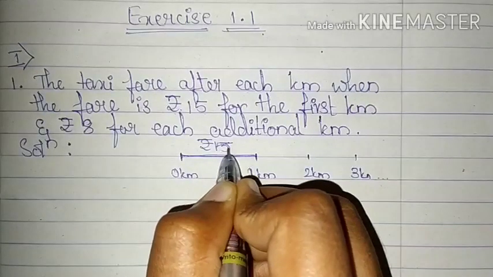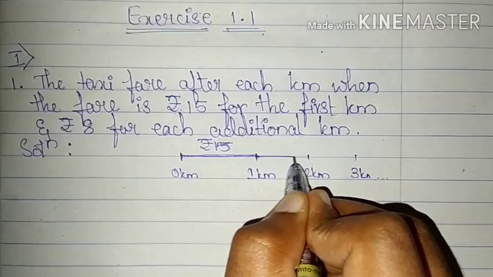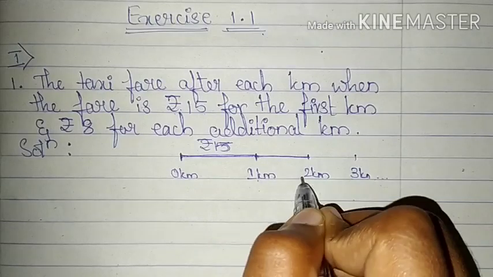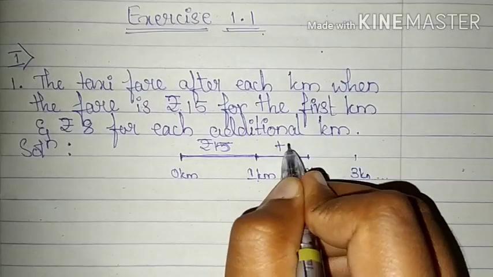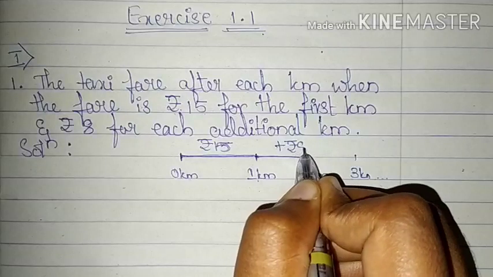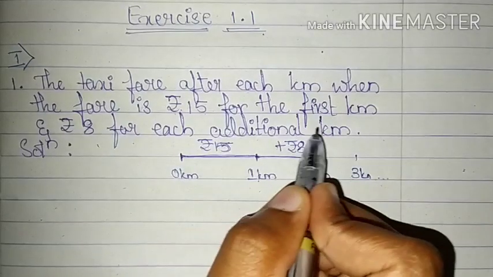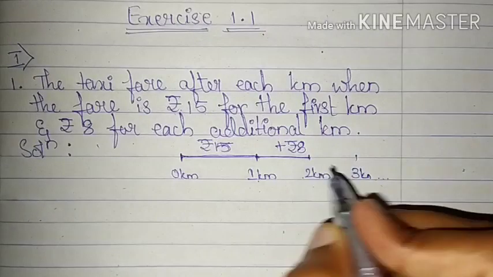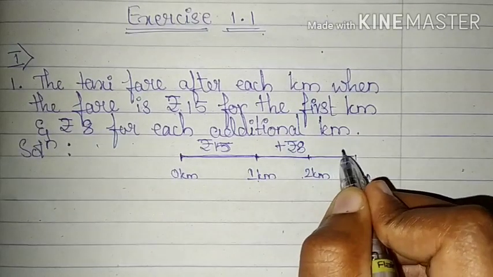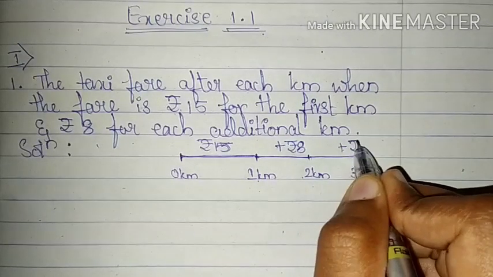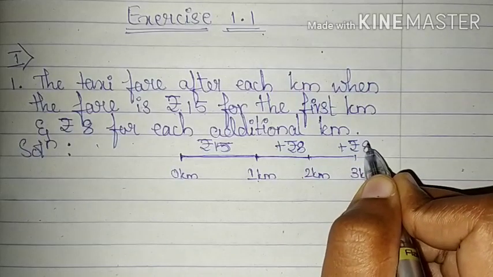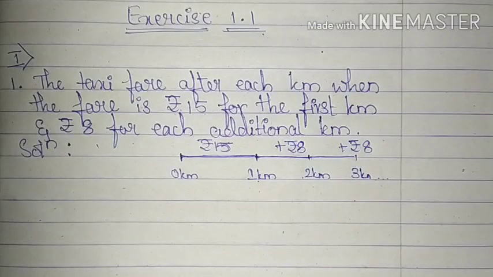Agree? For the next kilometer, that is 1 kilometer to 2 kilometer, we add an additional 8 rupees, because rupees 8 for each additional kilometer. So for the next one, it is again added by 8 rupees, and it continues like that.